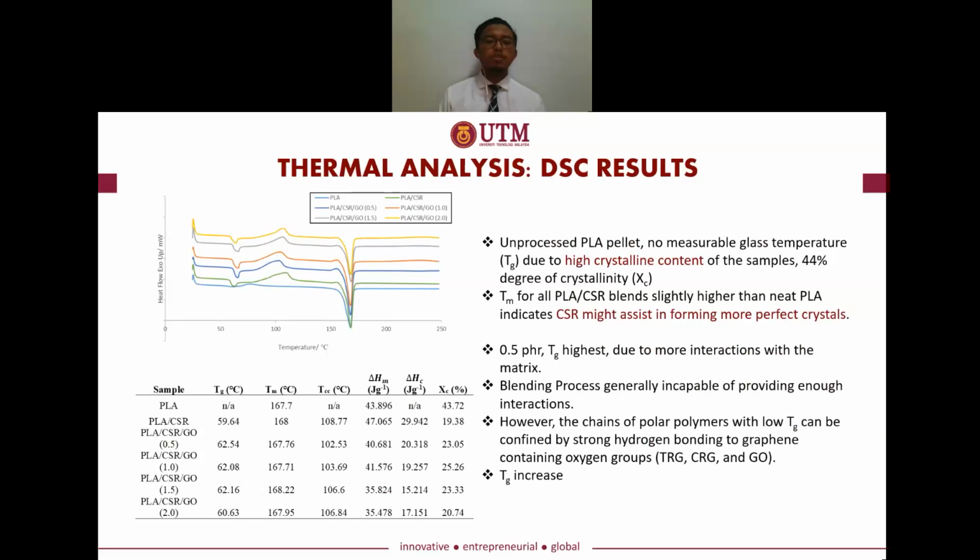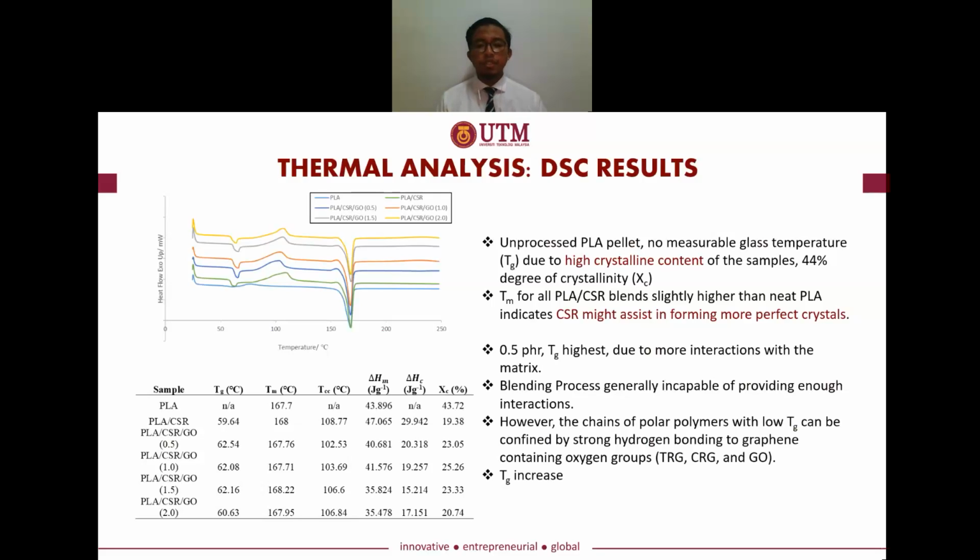And the DSC results show that at first we cannot get any glass transition temperature for our neat PLA due to the high crystalline content of the sample. Then we can compare PLA and PLA-CSR by melting temperature.